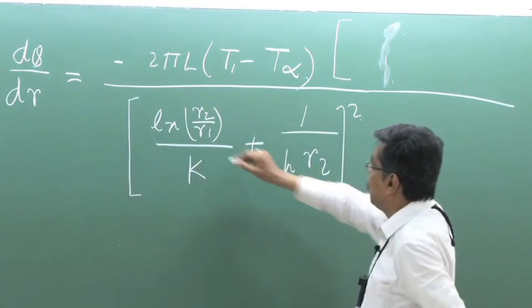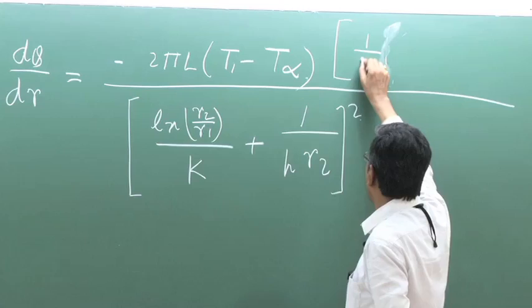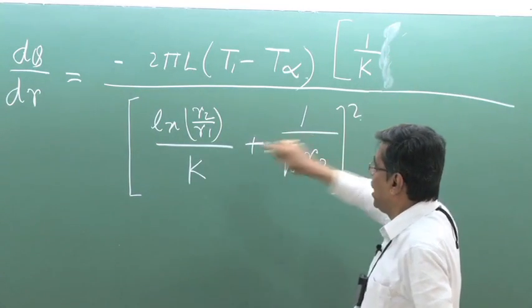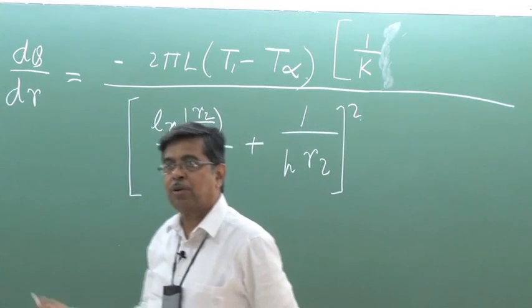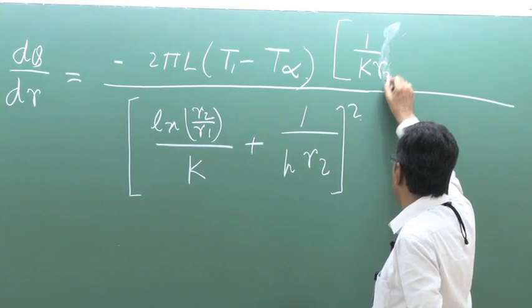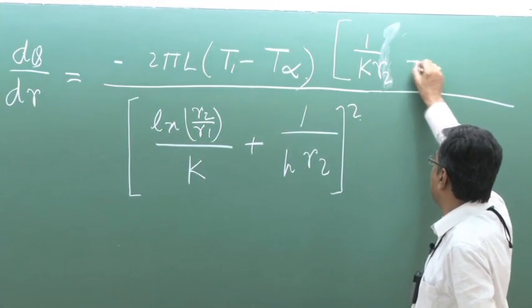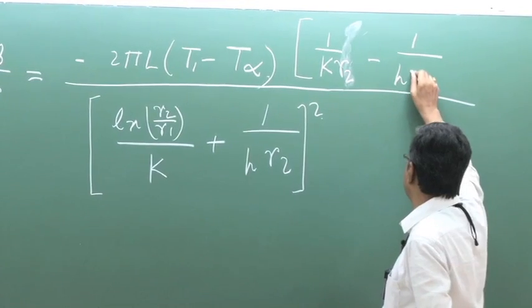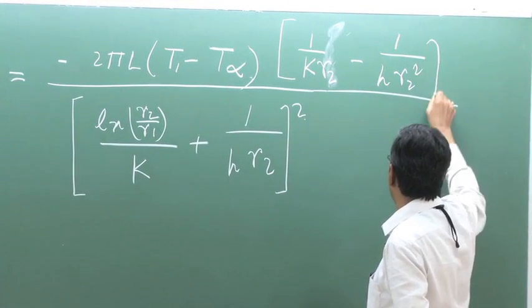First term is 1 by K; differentiation of ln(R2/R1) with respect to R2 is 1/R2, so 1/(K R2), minus 1/(h R2²).